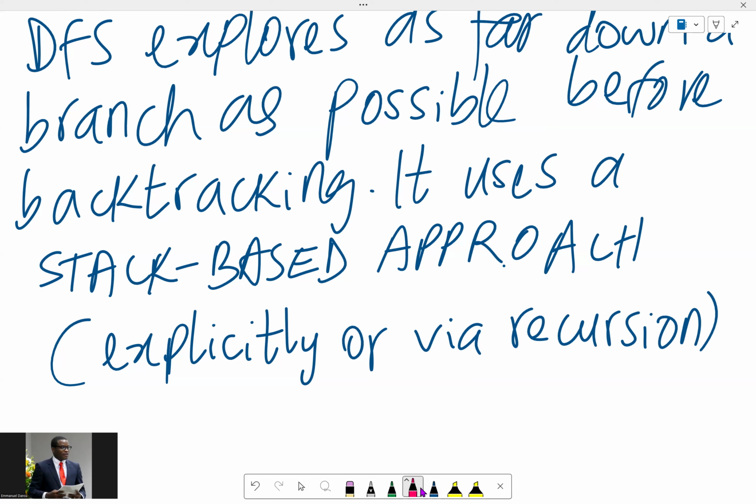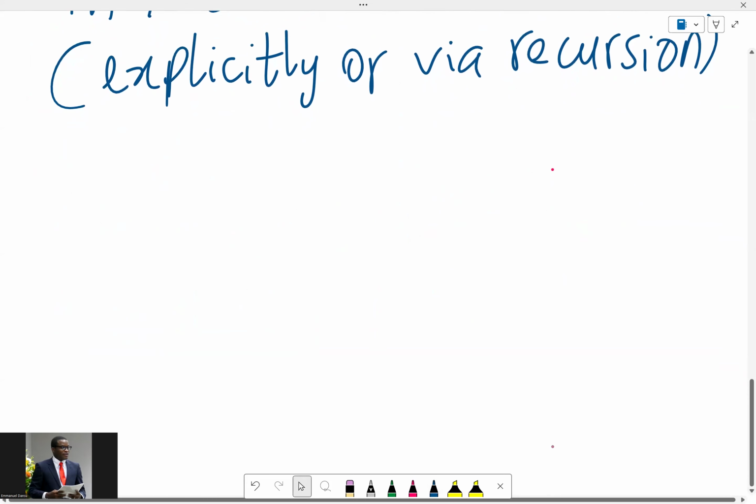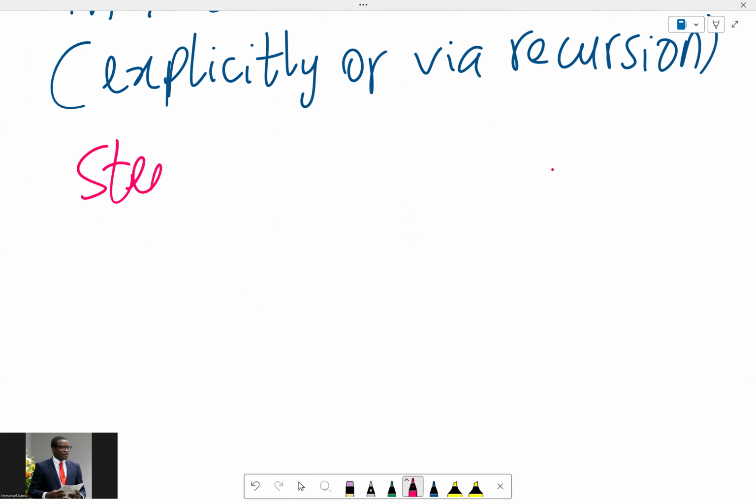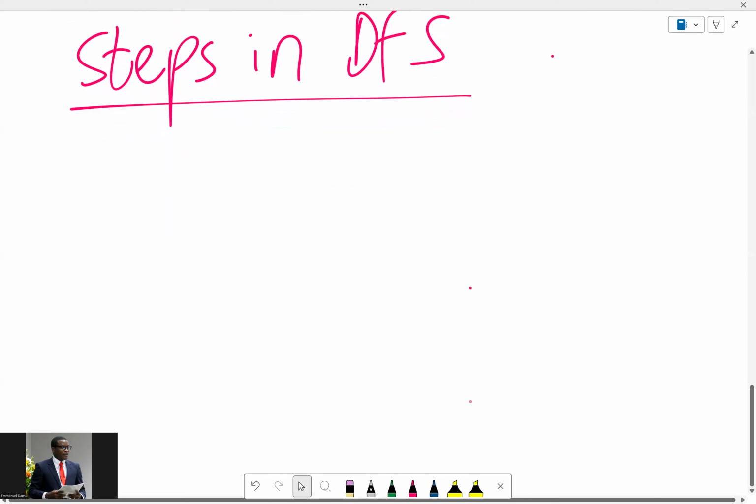Now, let's talk about the steps involved in the depth first search algorithm. The first step, of course, you need to pick a starting point.